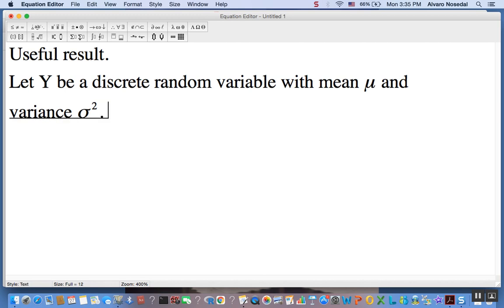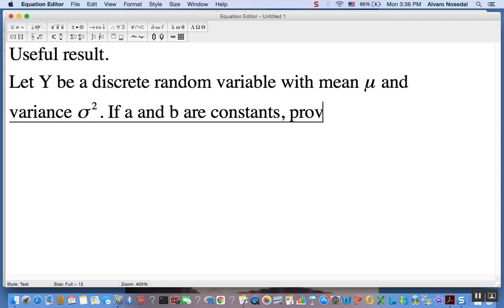Now, if a and b are constants, we want to show that this result has two parts.